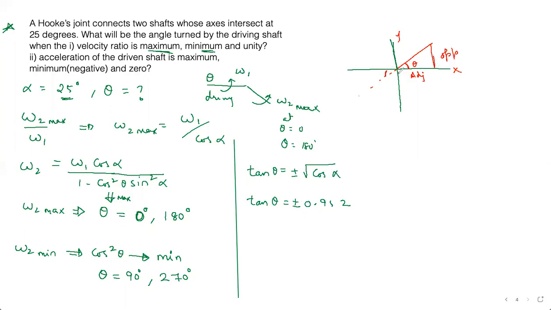I can take this adjacent side same on this side, right? I can take opposite side same on this side. So this will be your opposite side, same length I will take. Opposite, adjacent. Let's give it names so that we won't get confused.